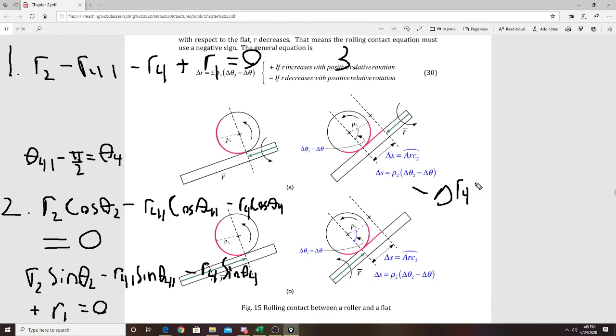For how our question is, delta R4 is equal to rho 3, because this on our problem is link 3, times delta theta 3, because on this question they're showing this as 2, minus delta theta, which is the angle change of the flapper here, or the surface it's on.